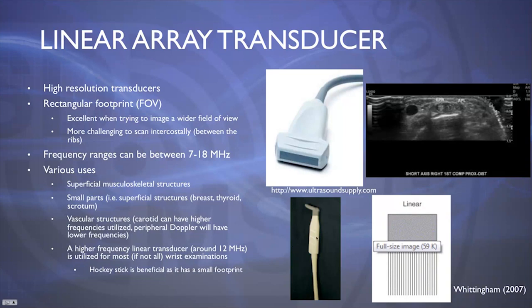The reason for this is that the hockey stick has a little bit of a smaller footprint, and the wrist itself is not a very large area to be evaluating. So to see some of these areas, meaning the tendons, maybe in the dorsal compartments, we may want to use a hockey stick probe to get around the wrist and to see these structures.